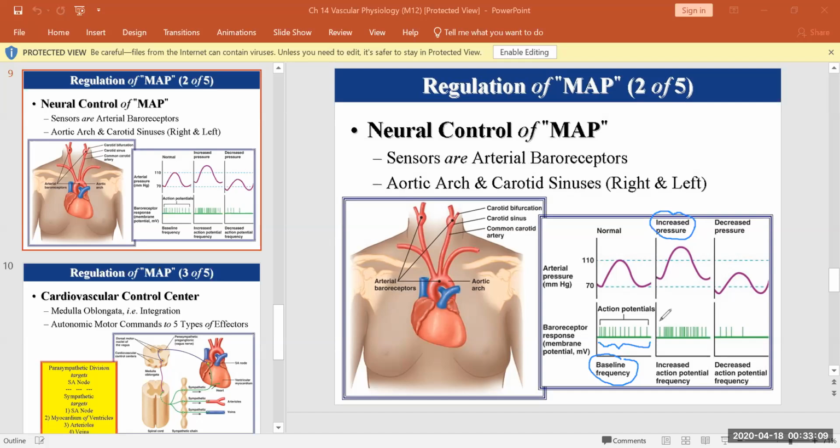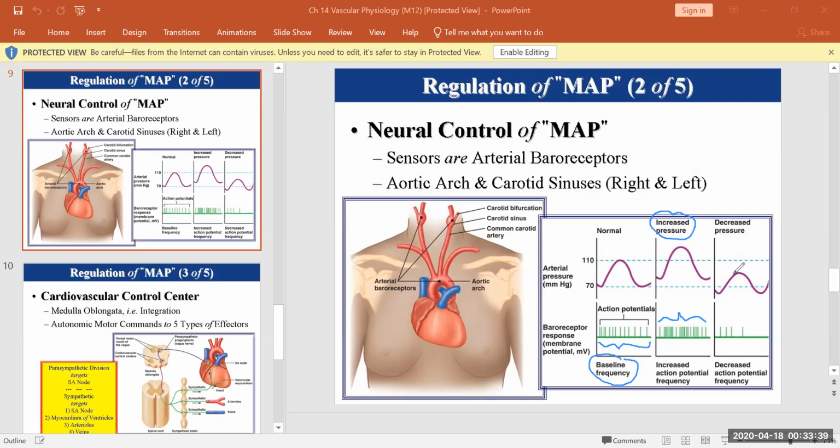So here you see there are many more action potentials being generated and transmitted back to the medulla oblongata, right? That's how the central nervous system is notified that the blood pressure in these blood vessels has increased. And then it sends a response back to bring everything back to homeostasis.